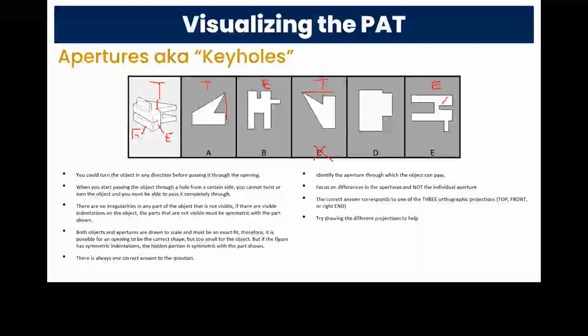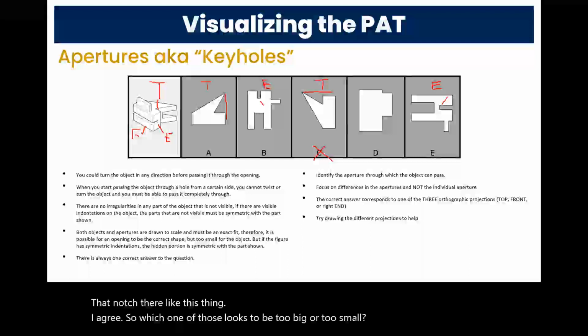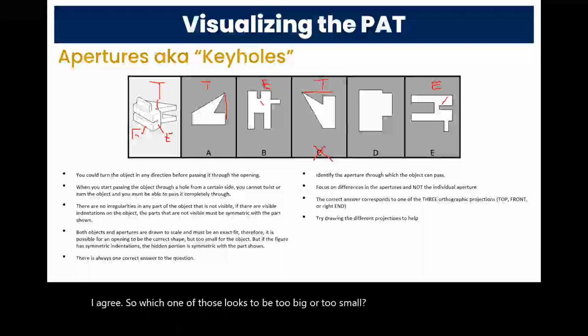That notch there, like this thing? Yeah, I agree. So which one of those looks to be too big or too small? B looks a little too small.